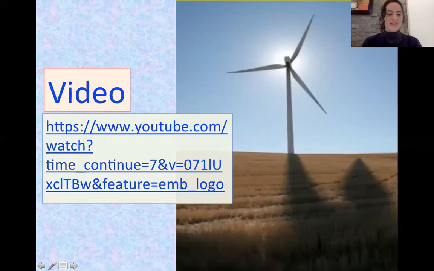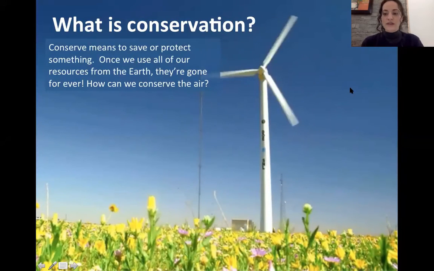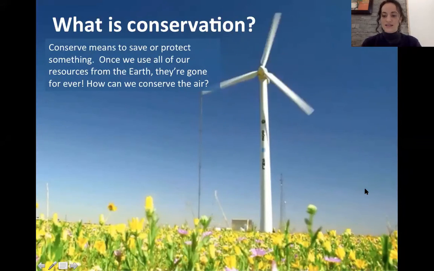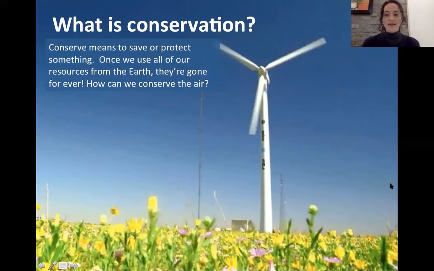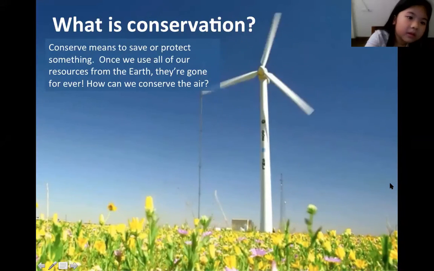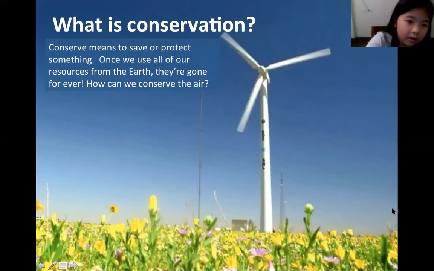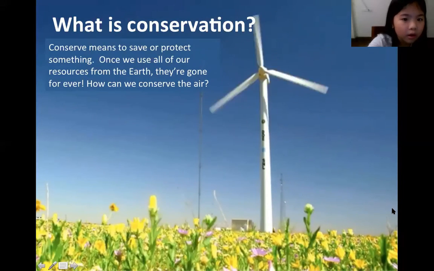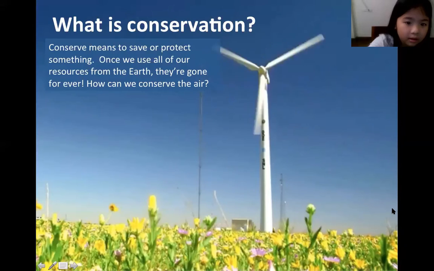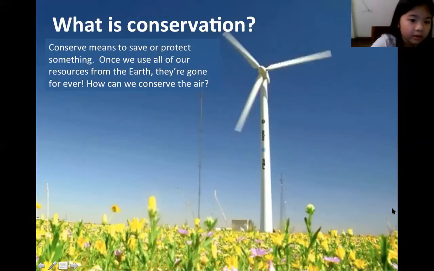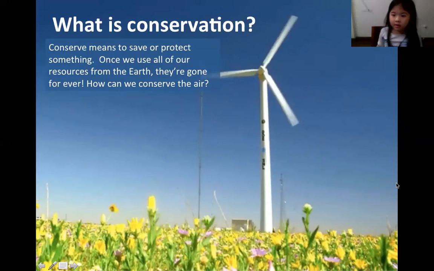Clean energy. Okay. One more time, let's read about conservation since this is really important. Could you read this for me? Conservation means to save or protect something. Once we use all of our resources from the earth, they are gone forever. How can we conserve the air? Very nice.